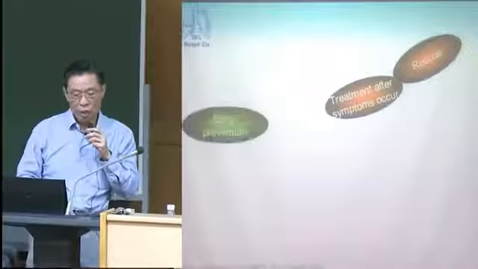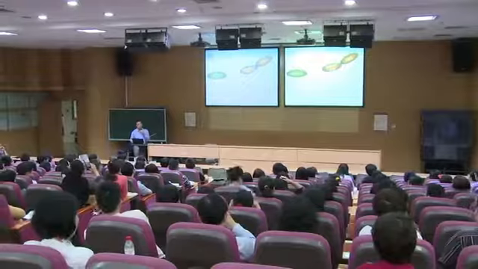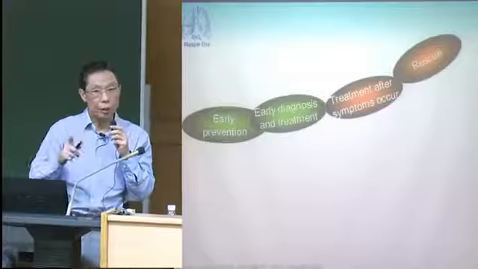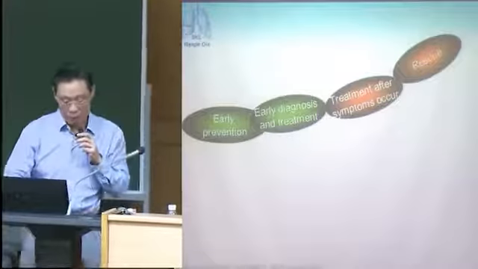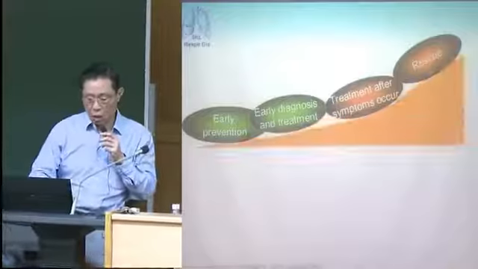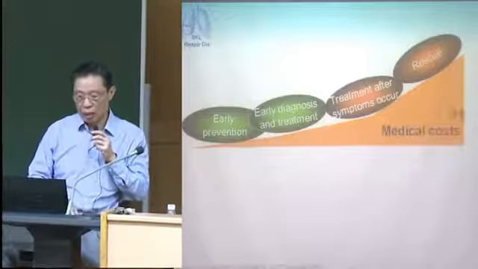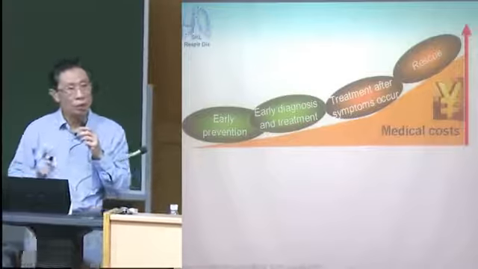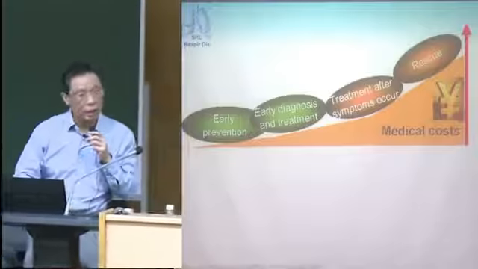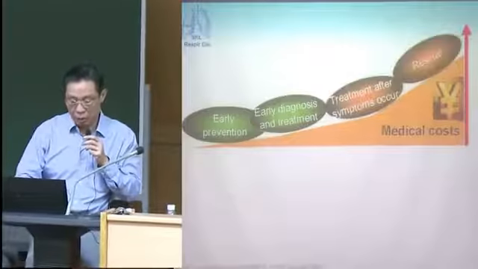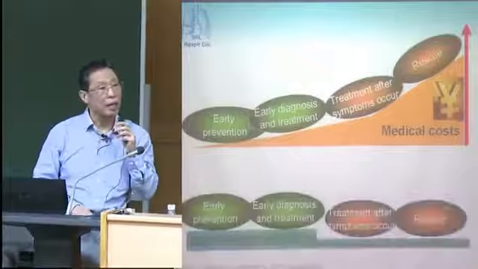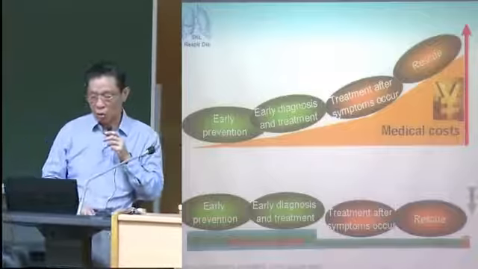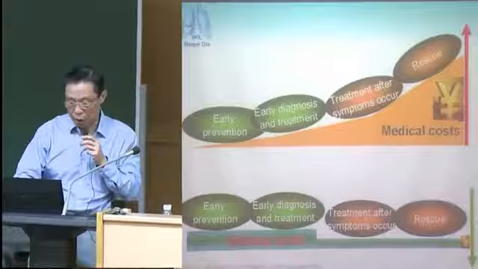Of course, we are not very concerned about early prevention, early diagnosis and treatment. But for you, in the future, you have to do that. As the disease deteriorates, the medical costs will increase. So this is not the right way for us. What's the right way? We should pay more attention to early prevention, early diagnosis and early treatment. By this way, the medical costs will go down. This is one point I should mention.